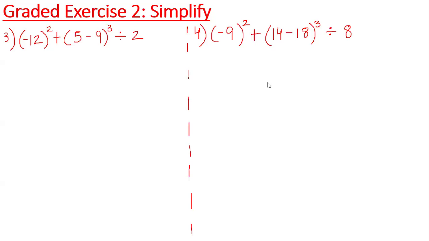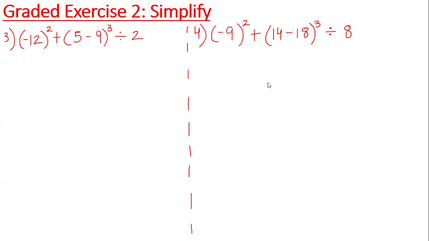Excuse me, Mr. Petit. Can you check if I got number 3 right so I could move on, please? We can do it together. What do you have for number 3? I have positive 40.